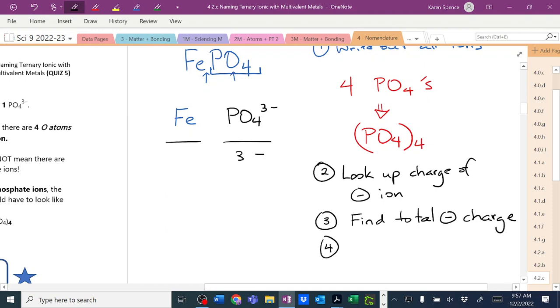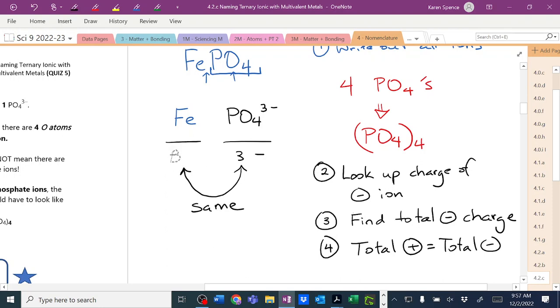And then our fourth step, the total positive, is going to equal the total negative. So these two numbers should be the same. So we should have a total of 3 plus.